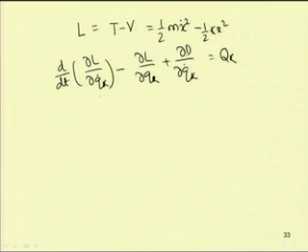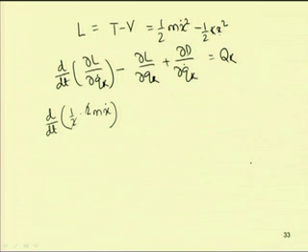So, del L by del q k dot: if I differentiate with respect to x dot, this becomes d by dt of half into 2 into m into x dot, since x dot square we are differentiating with respect to x dot. So, this becomes m x dot.